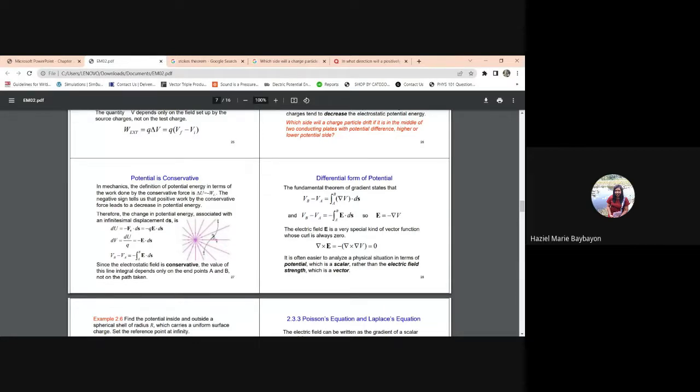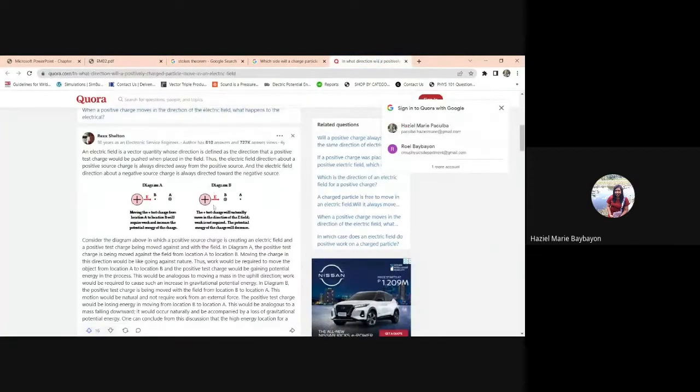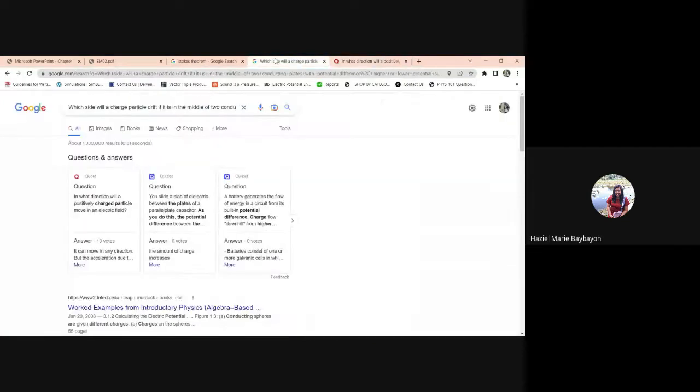So the negative sign tells us that positive work by the conservative force leads to a decrease in potential energy. Okay, so this is the same as the answer here, no? It moves toward here, so its potential energy decreases. Okay, so the potential energy decreases.